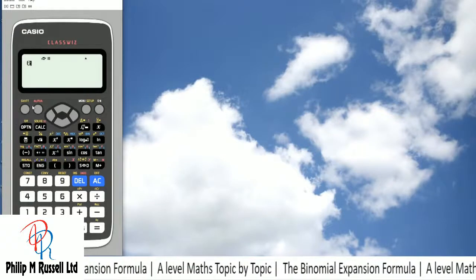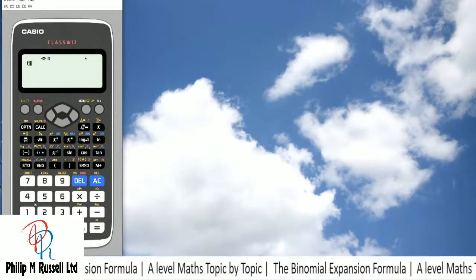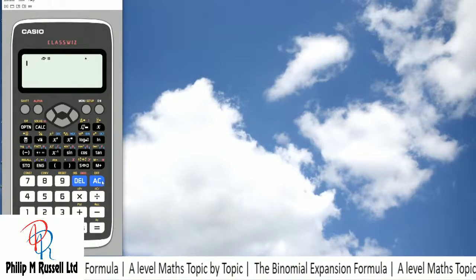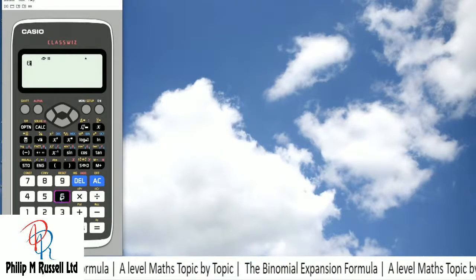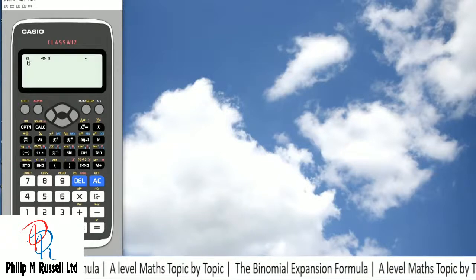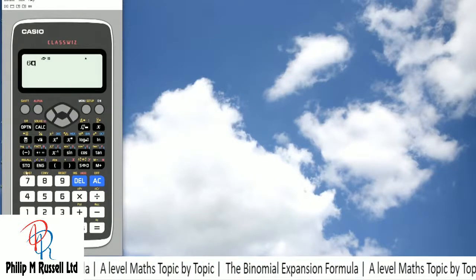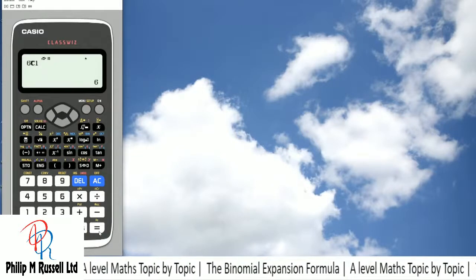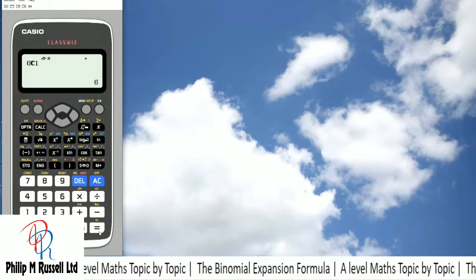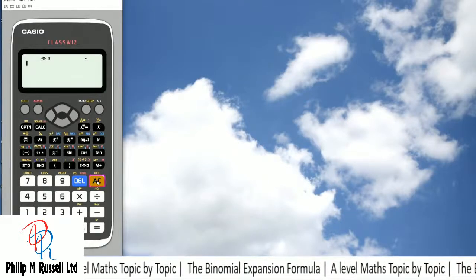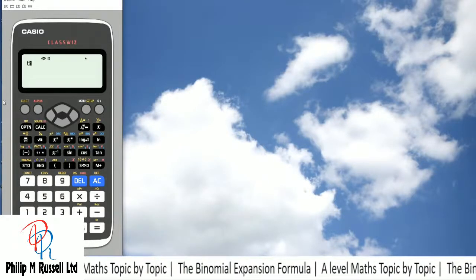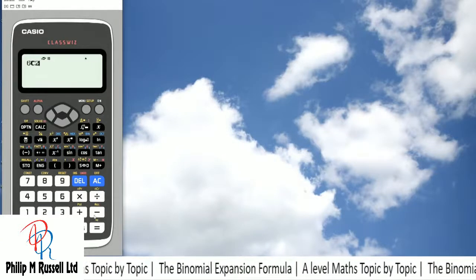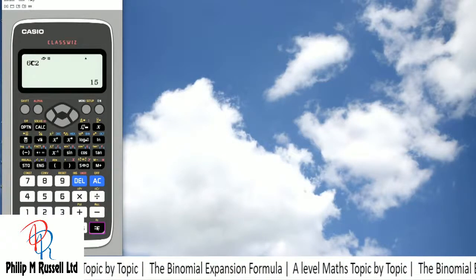So 6 nCr 1. I don't think I got the nCr in there. Let's do 6, shift, and then 1. There we are, looking better, and I do get 6. And if we try the next one, 6 nCr 2, we get 15.